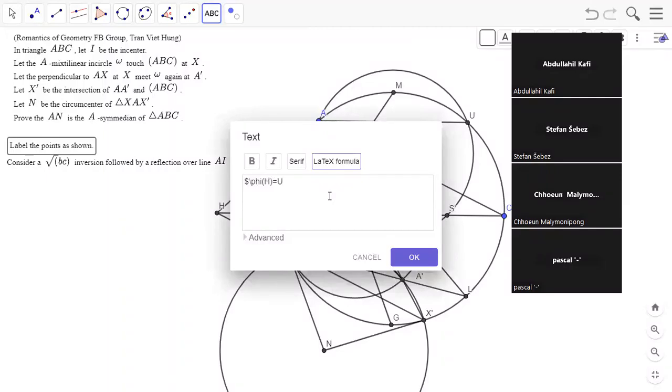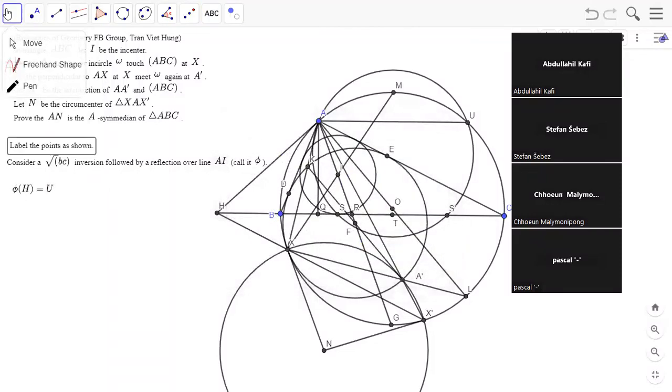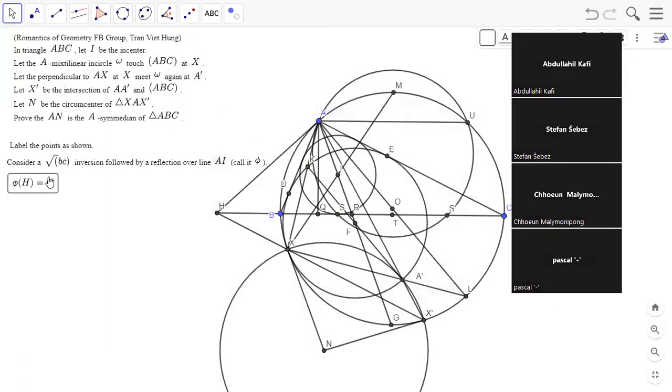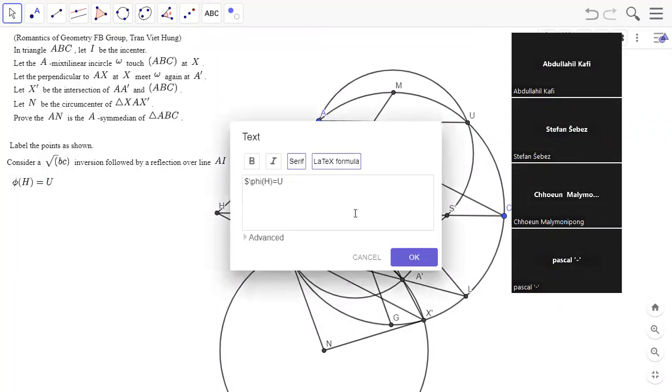And then, let's see, phi of... I'm trying to remember what was mapped. So phi of L is Q, right? And what other points did we want? G goes to R. Oh, I forgot to close this.